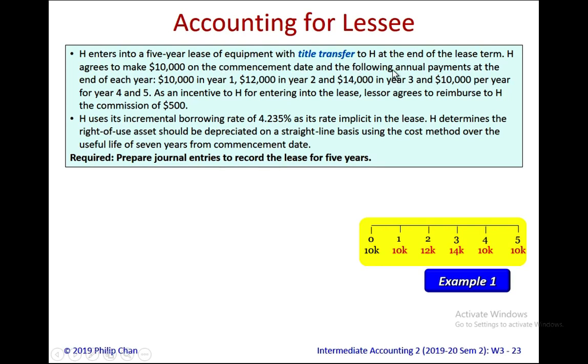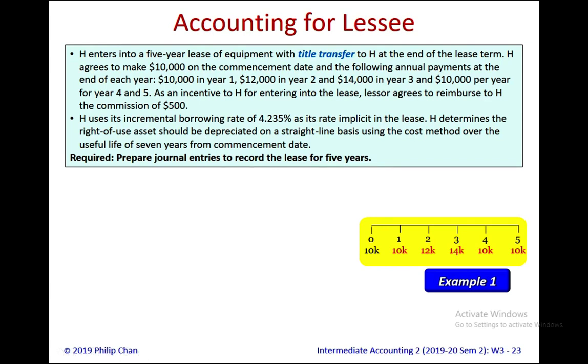There is no secondary period, as H, the lessee, would be eligible to receive the ownership of this asset after year 5, as you can see in the question. So the lease term is 5 years. How about lease payments?